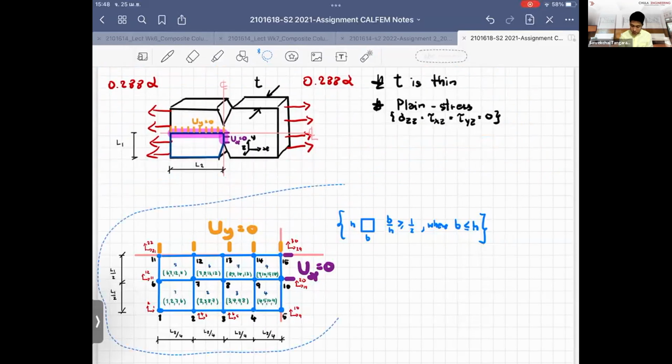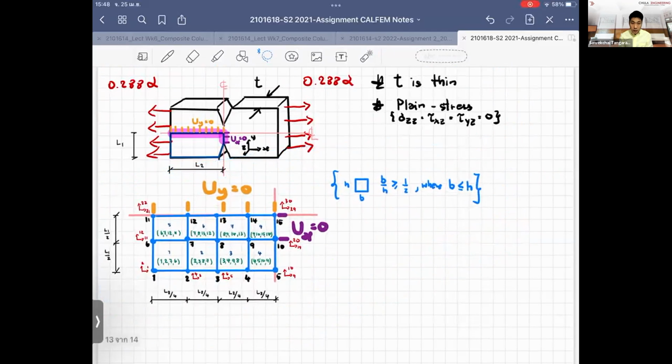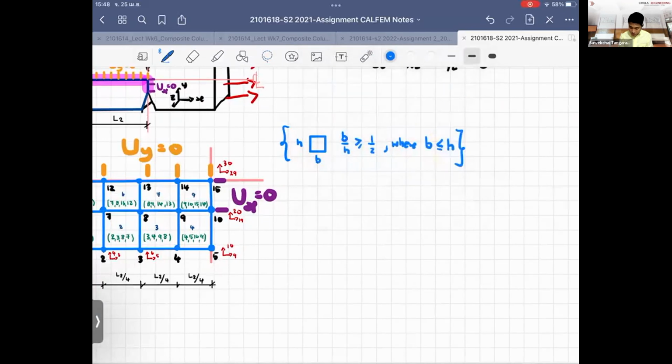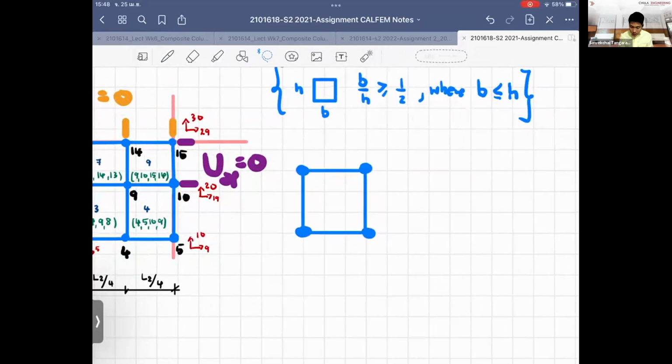And let me shift this up. When we look at each of the elements, assuming that we want to investigate the stress at the element, each element has been approximated by dividing it using the quadrature rules.